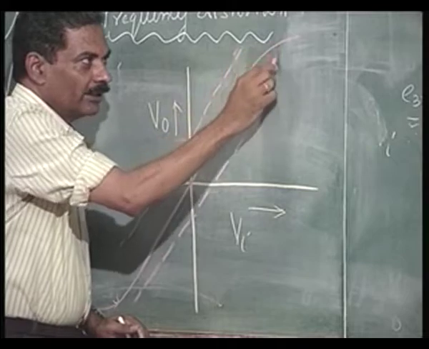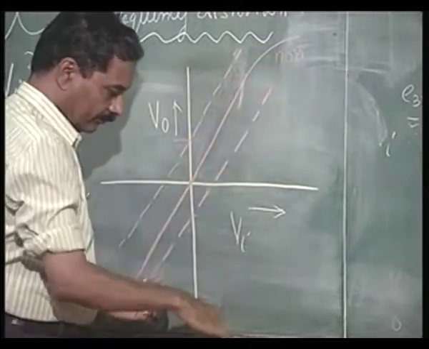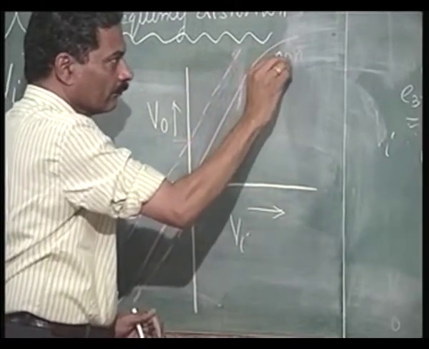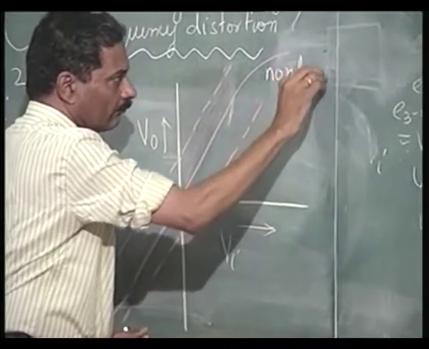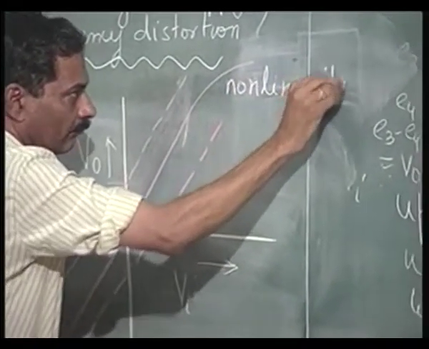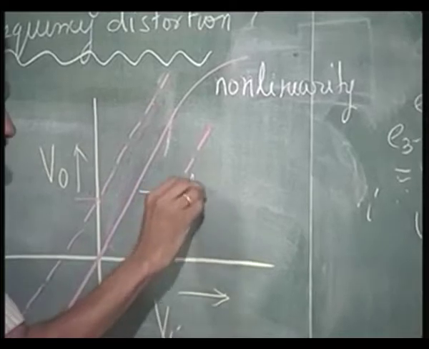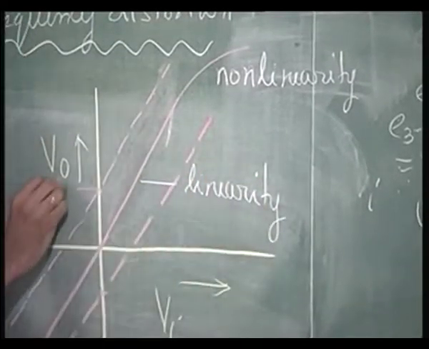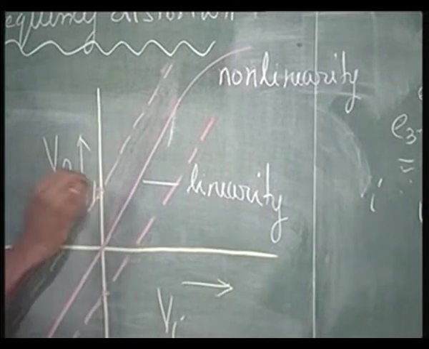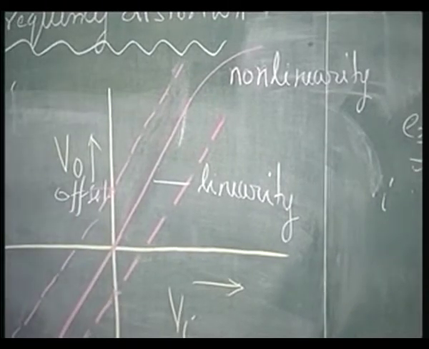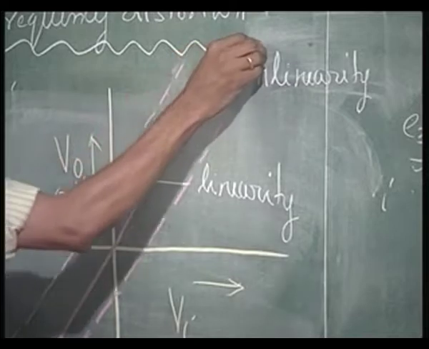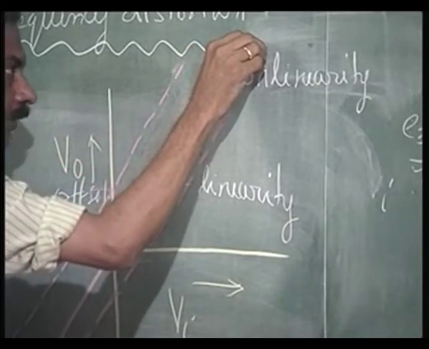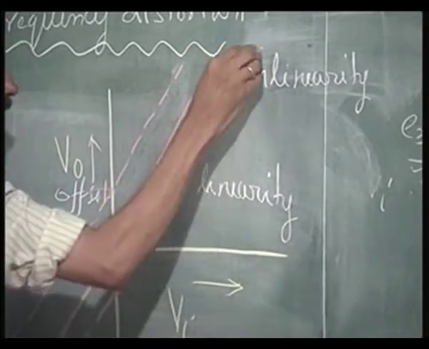So, this is called the non-linearity. This is the linearity. This is the offset. Then ultimately it will go to what is called saturation.